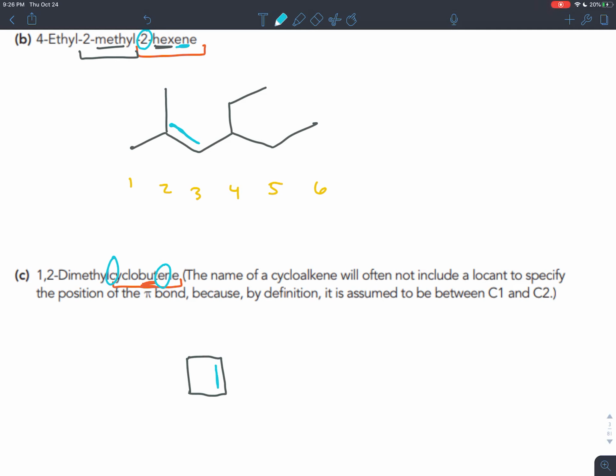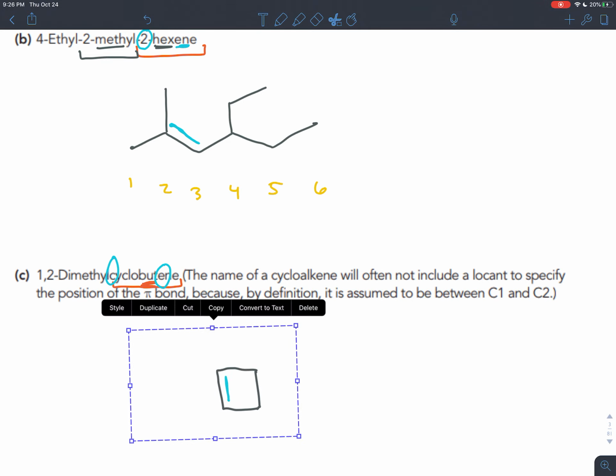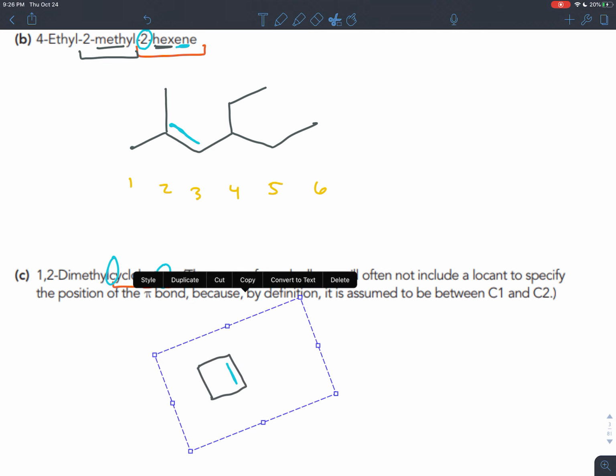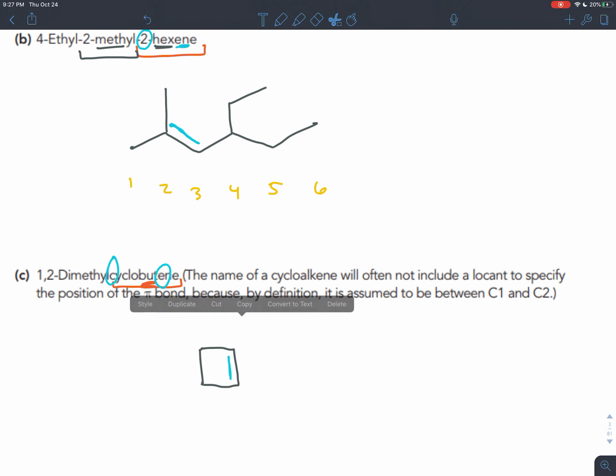No matter where we put it, the molecule is the same. So imagine if we had put it on the bottom. Well, it's the same molecule, just rotated. What if we had put it on the left? Same molecule, just rotated. What if we had put it on top? Same molecule, just rotated. So anywhere you would have put the double bond would have given you the same molecule, because these are 3-dimensional molecules that can move in space.